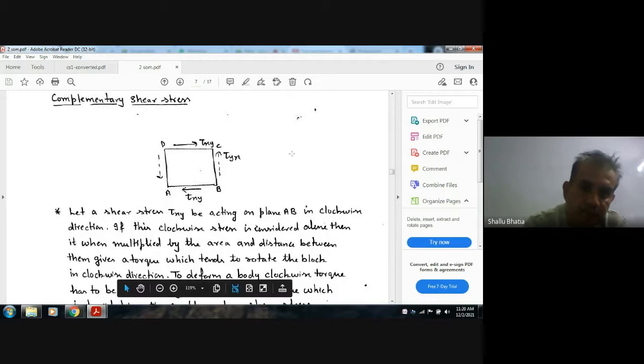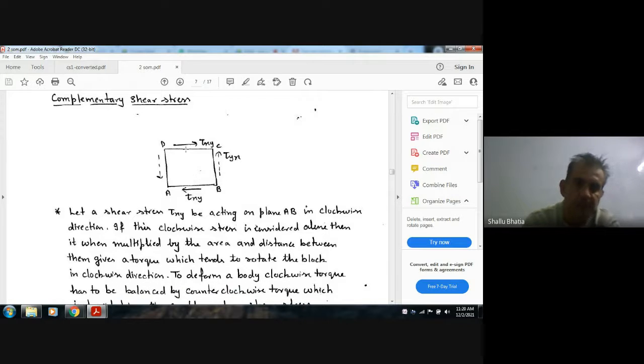But if a shear stress tau xy is acting on a block ABCD in clockwise direction, and if we multiply this tau xy by the area AB into 1, then it will become P, and this will also become P, and this is the distance between them.